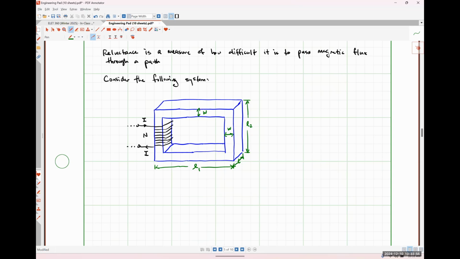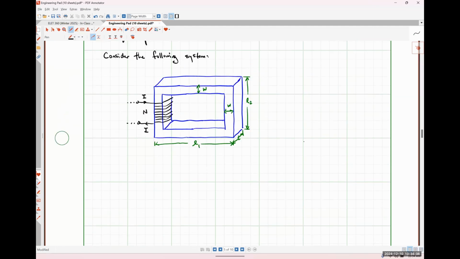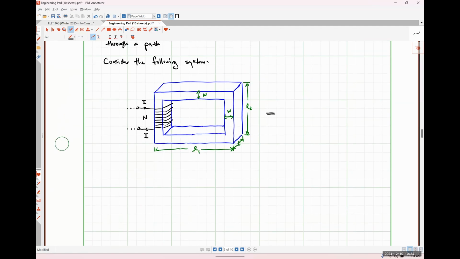So our coil is our MMF source, and it's playing the role of a voltage source. So I'm literally going to write my coil as if it were a voltage source, okay? So we might have something, I'll just do it over here to the right. So something like this, where I'm going to have N times I, okay?